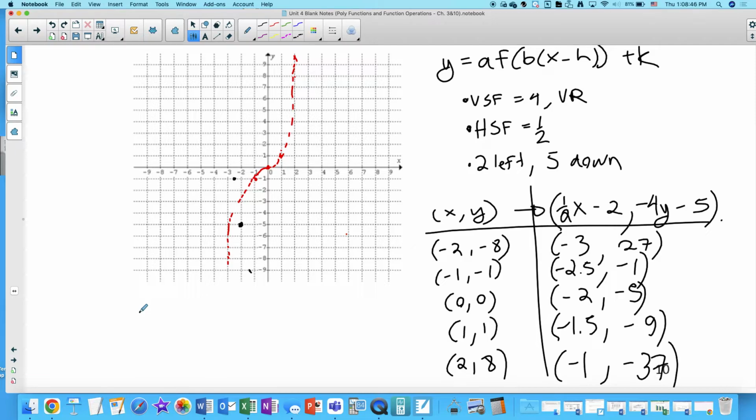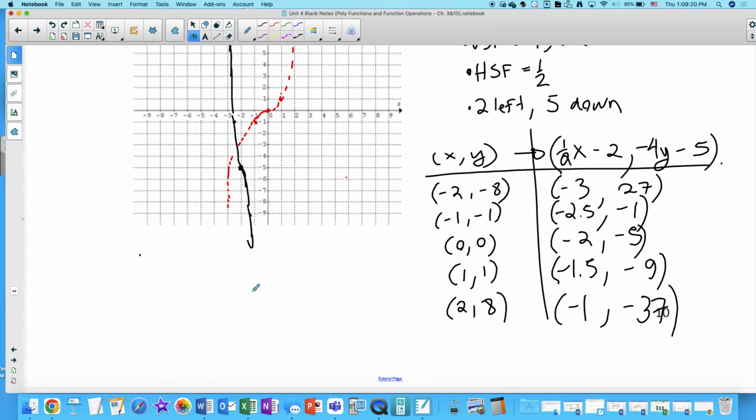When it's at -3, it's all the way up at 27, so we're not even going to be able to plot that. It's not even going to pass through here. And then there's kind of like a little dippy thing. There we go. A flattening. Okay. So far, so good?